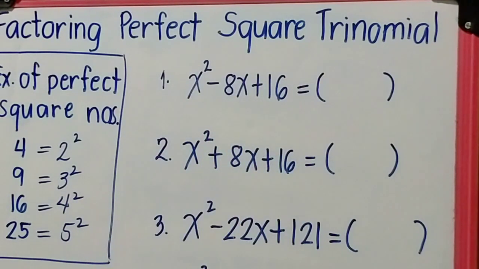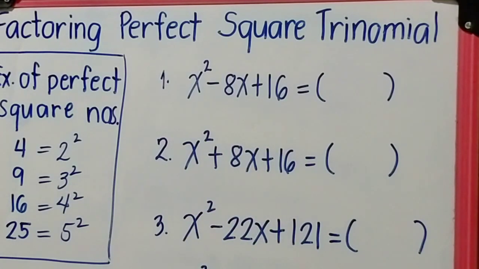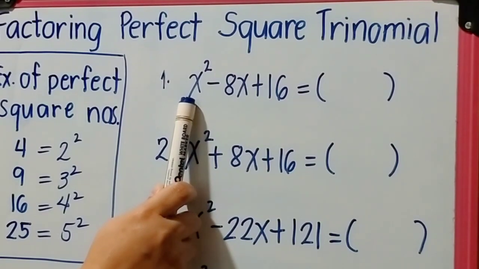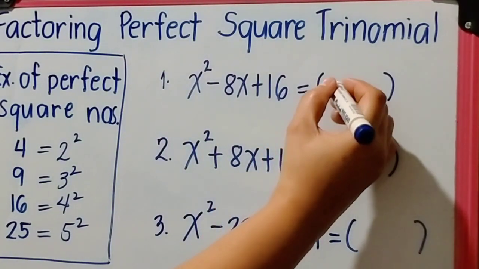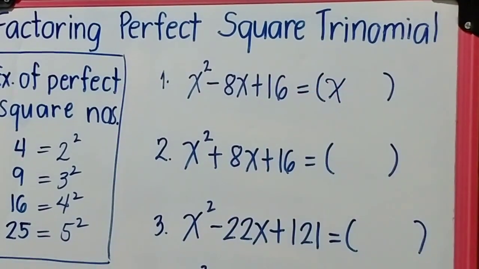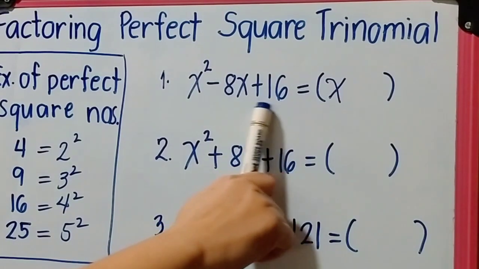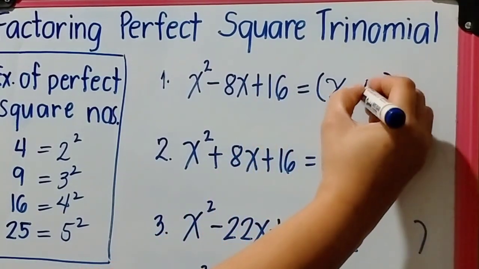To factor this, we will just express this as a square of binomial. To do that, we will get the square root of the first term, square root of x squared, that is x. So that will be the first term of the binomial. Next, get the square root of the constant term 16. What is the square root of 16? We have 4.